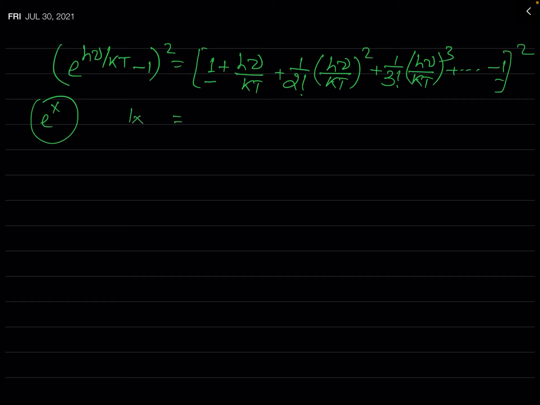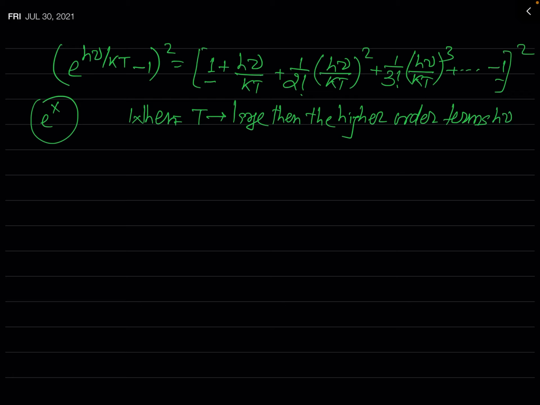So when T is large, the higher order terms of h nu by kT will be very small.